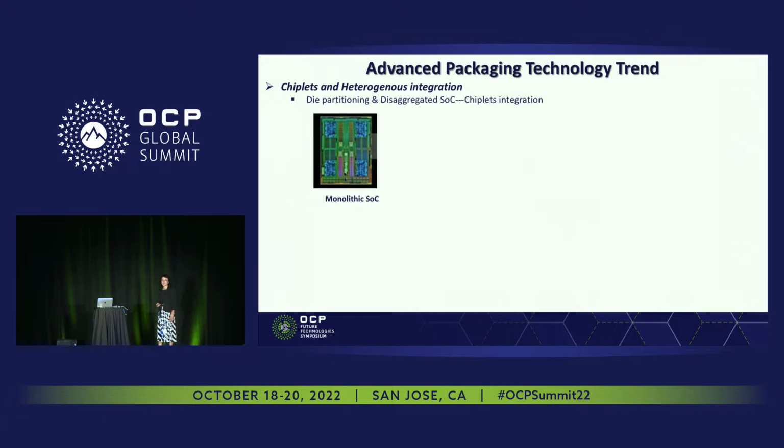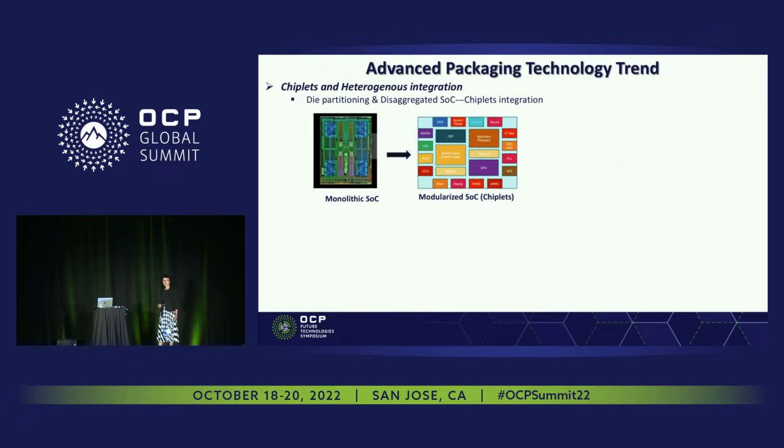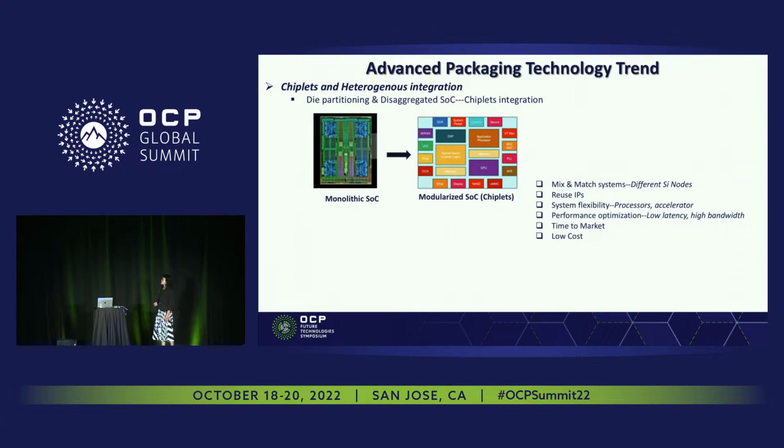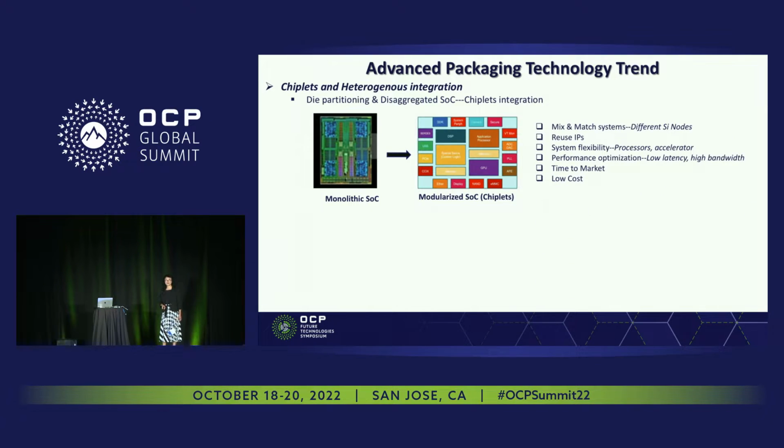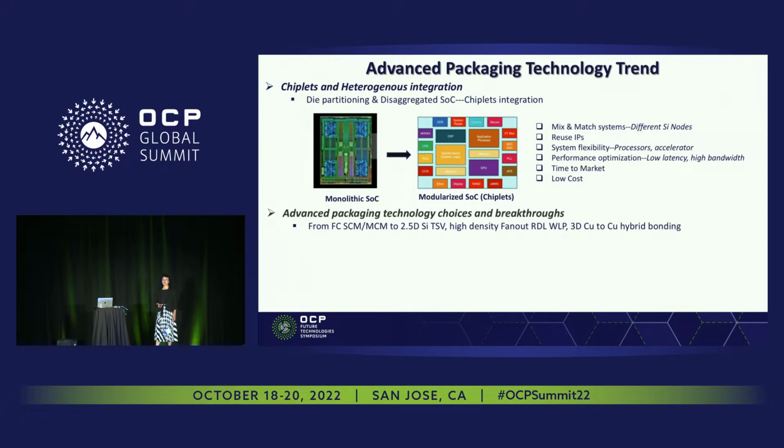Because of their unique advantage, they allow the disaggregation of SoC from monolithic to modularized. Not only that, they can also reuse IPs, leverage performance, and shorten the time to market. That's why it gives low cost. Chiplets and heterogeneous integration also drive advanced packaging technology development.